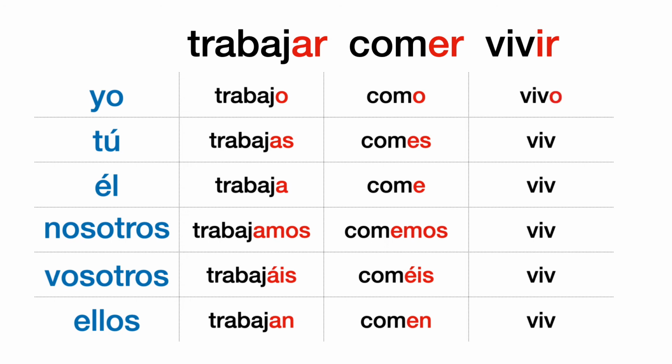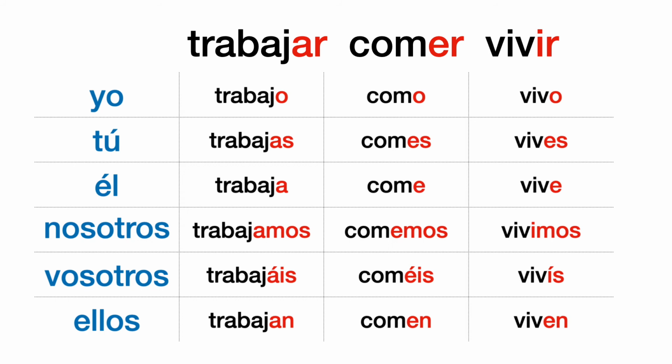At the top we got the same "o," but here we got "es," which is similar to "comer," "e," which is similar to "comer" as well. Here it changes a little bit to "vivimos," which is changing towards the "i" here, "vivís," and now we go back to that "n." So there is a certain similarity between the three endings, but there's also a little tiny difference. This is something that you don't need to obsess about.